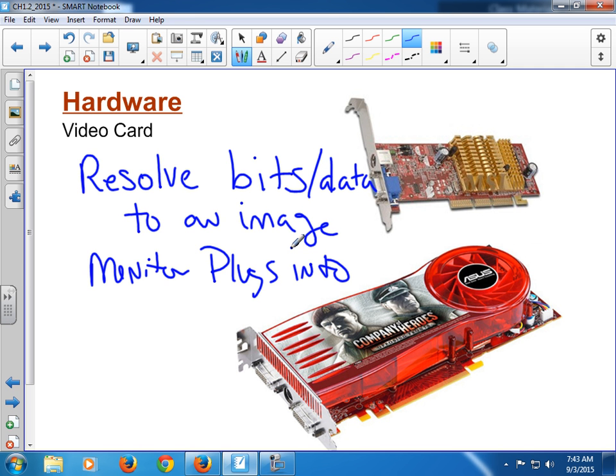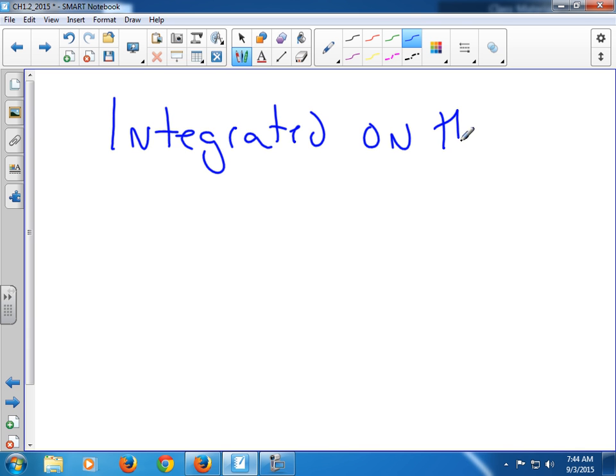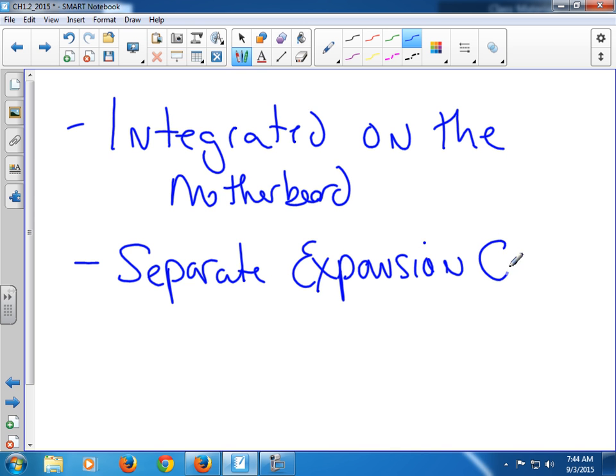Okay? Video cards can either be two choices. It can either be integrated on the motherboard, or they can be a separate expansion card, okay?